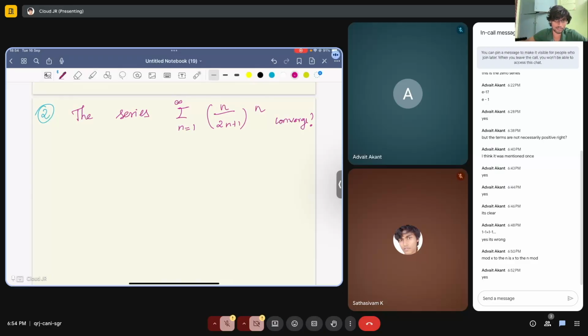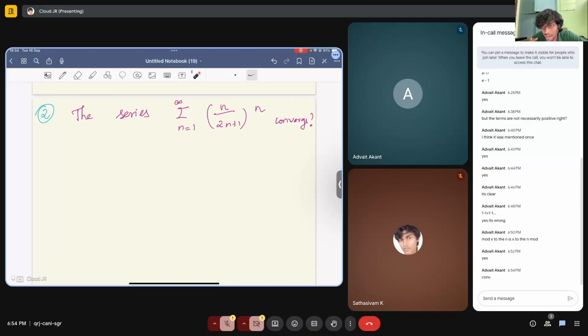So let's do the problem. What you see is you have the power n. So here the ratio test will suffer, because if you do that, there will be a power in the numerator and a power in the denominator, and that will not be easy. So you apply the root test. If you look at a_n to the power 1 by n, this is nothing but n by 2n plus 1, right?